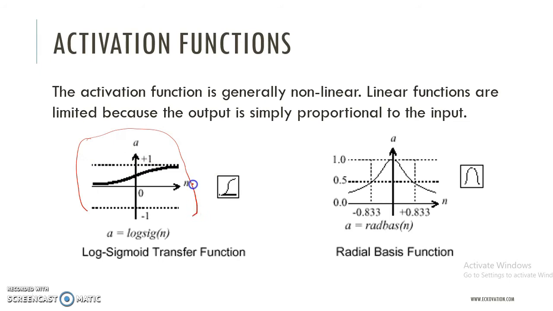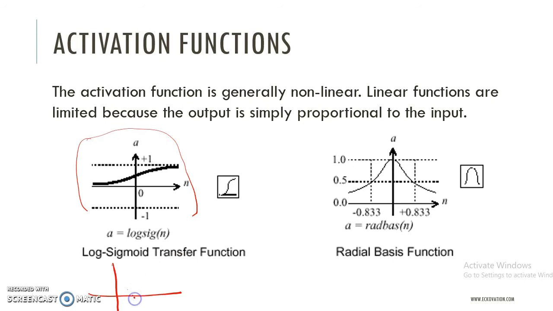What is happening in this sigmoid function is that we have an output that is totally non-linear and is above the x-axis.